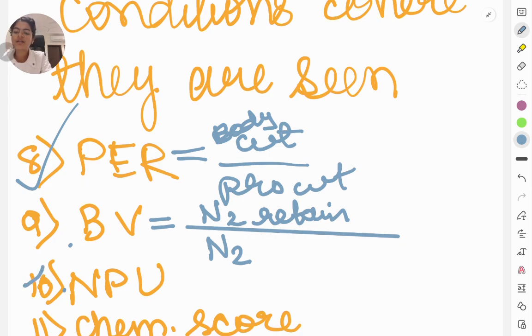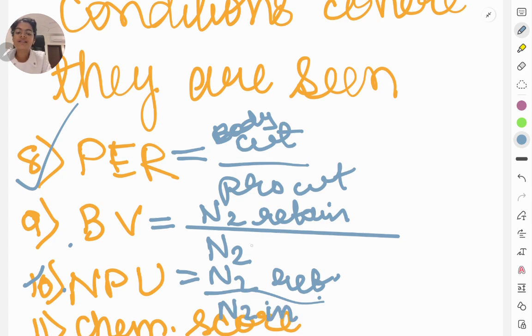So it is more appropriate one. Thereby, just see, this is also nitrogen retained, but divided by what? This is by nitrogen intake, and the biological value is having nitrogen absorbed. This is taking the whole picture in view, but biological value is not taking regard for what is used during the digestion process.